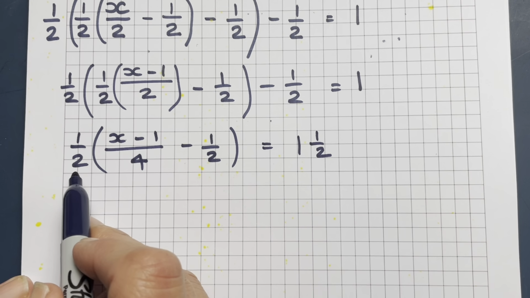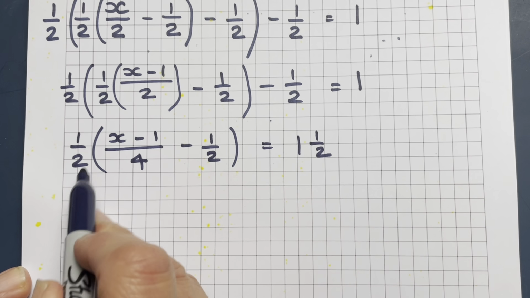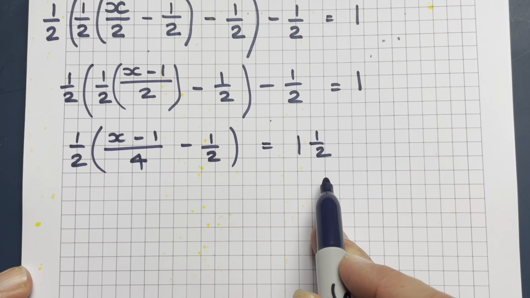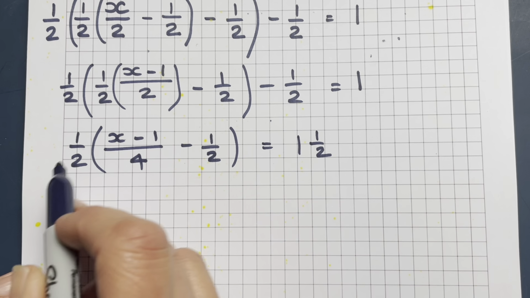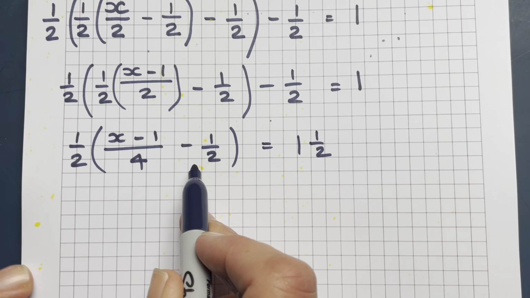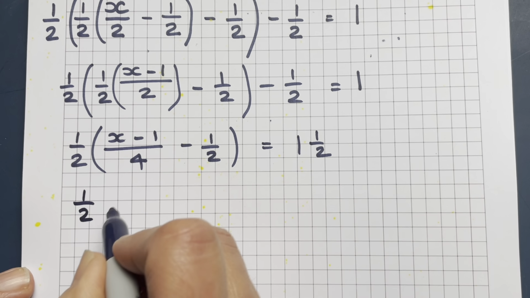Okay, so now we've got two choices. We could expand this, or we could actually divide both sides by 1/2. Up to you which way we do it. Let's try expanding this out. Let's see what we've got going on here. In fact, it might be easier just to split it back out again.